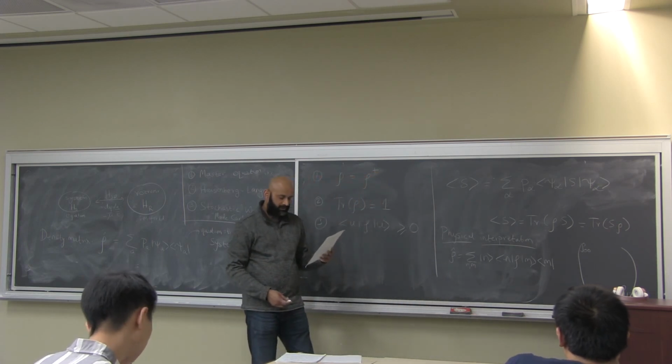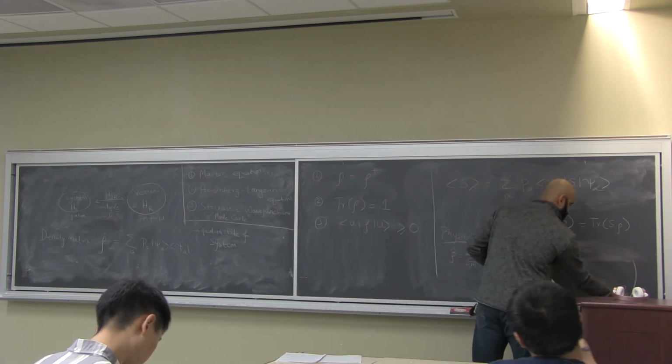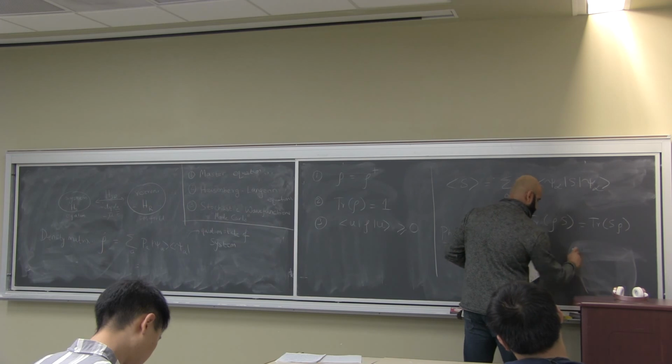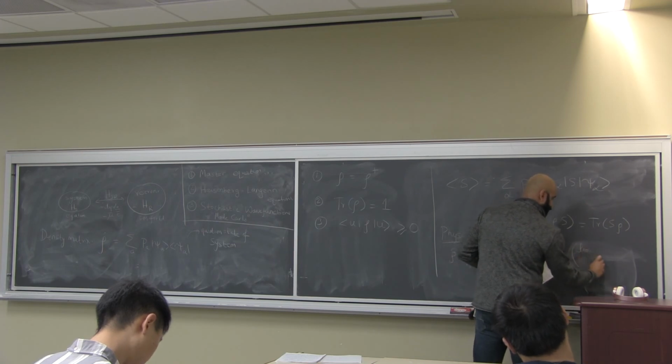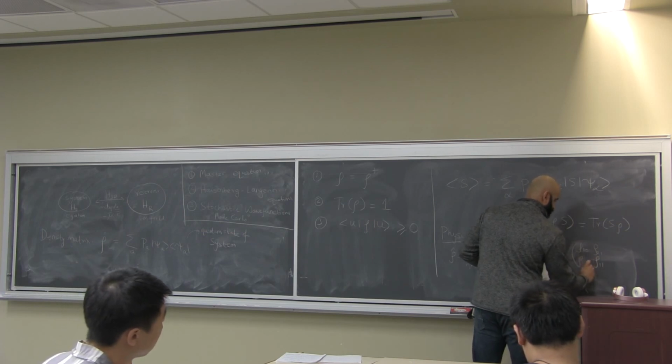For a two-level system, it's just a 2 by 2 matrix: rho 0,0, rho 1,1, rho 0,1, and rho 1,0, right?